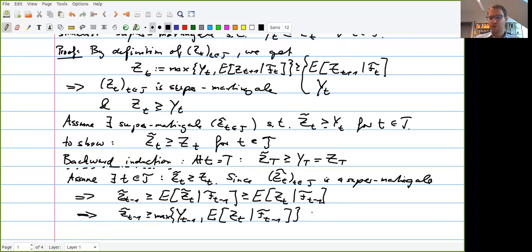And now what do we see here? This is nothing else than the definition of z at time t minus 1. So we are done. And this shows us that this Snell envelope z is indeed the smallest supermartingale with the property of dominating the process y.